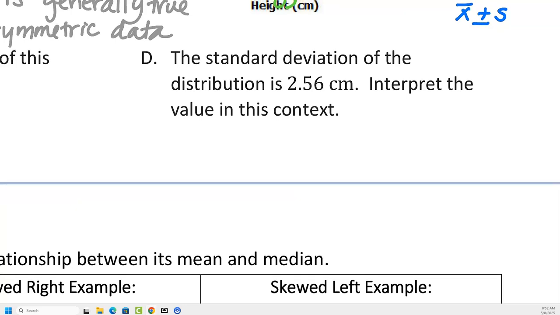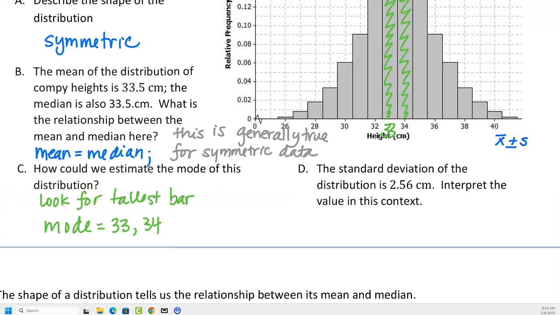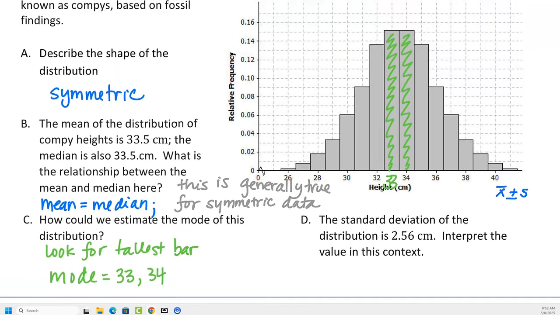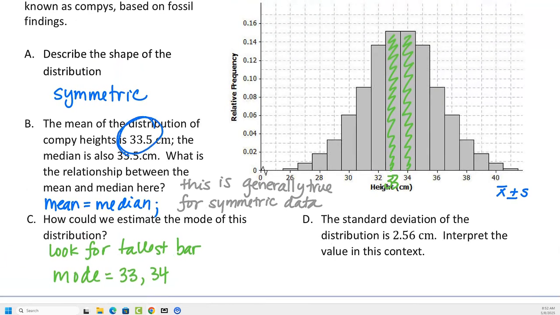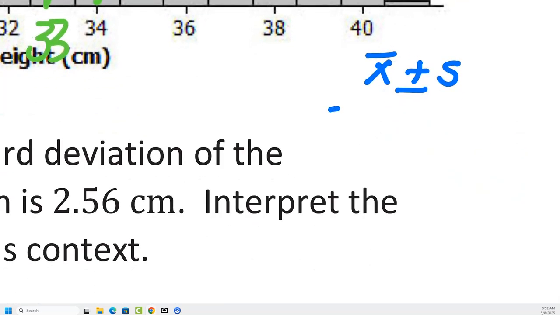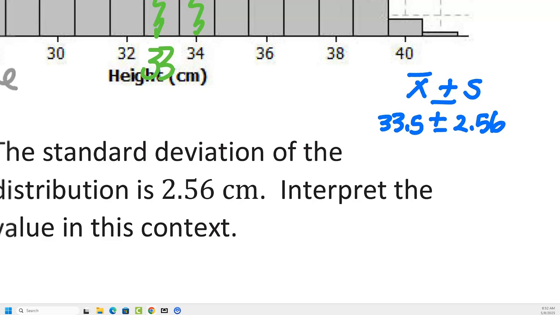So in this case, we know that the average, they told us in part B, is this 33.5. So I have here 33.5 plus or minus that 2.56.